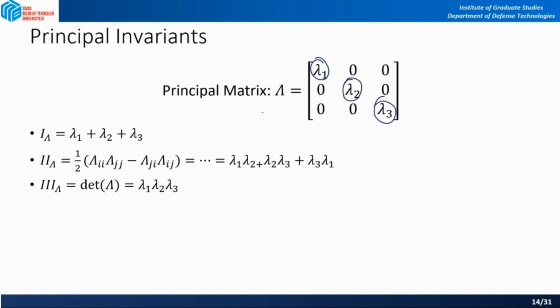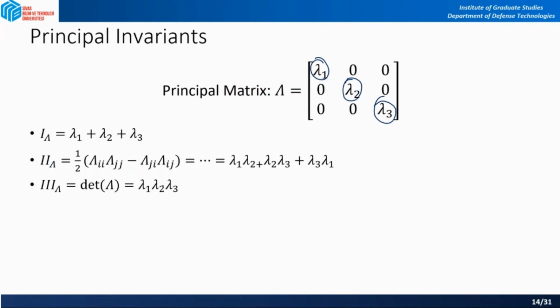The principal invariants are defined like the first invariant, the second, and the third. The first is the summation of the diagonal, or the trace. The second and the third. And the third is the determinant of lambda, and for the diagonal matrix, it's just lambda 1, lambda 2, lambda 3.